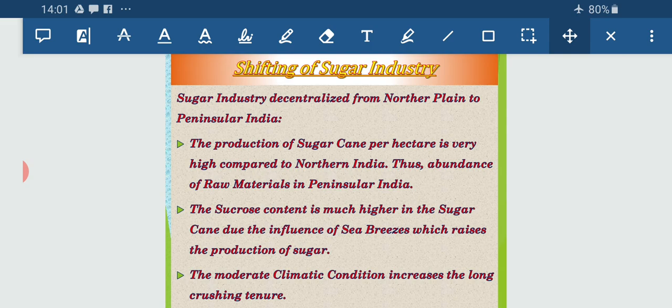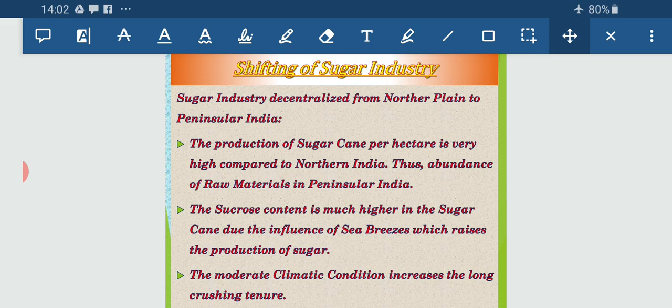Secondly, the sucrose content is higher in southern India. Why? Because it is a coastal area and is continuously influenced by sea breezes. The more the impact of the sea breezes, the more the sucrose content, because the climatic condition is moderate and the cane will not dry up.